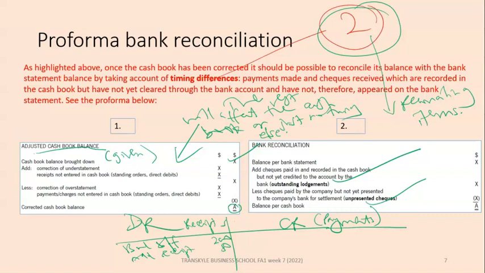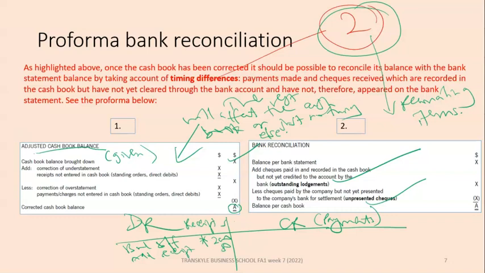Then you are also told correction of overstatement. Let's say previously we had overstated the receipts. When we arrived at this 200 here, we discovered that we had overstated the receipt.